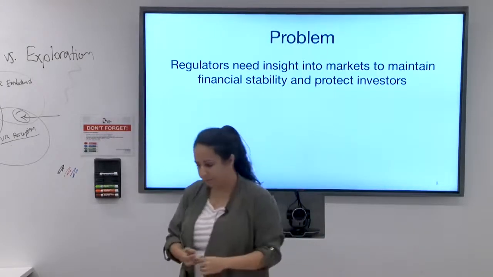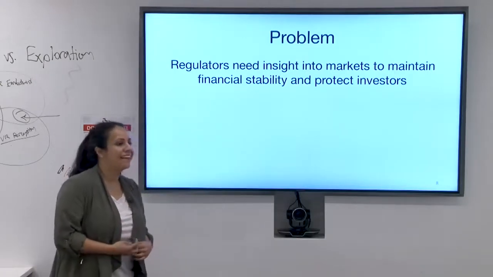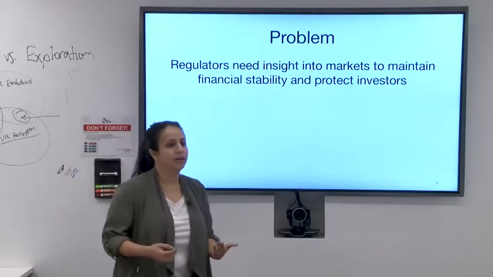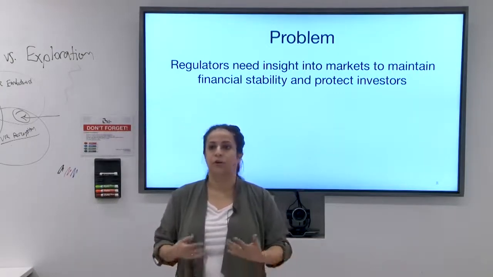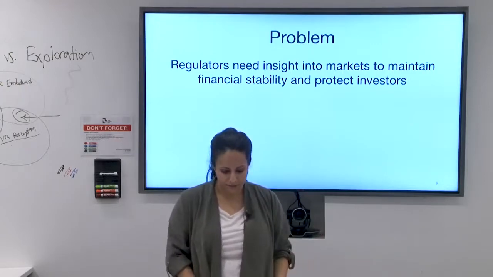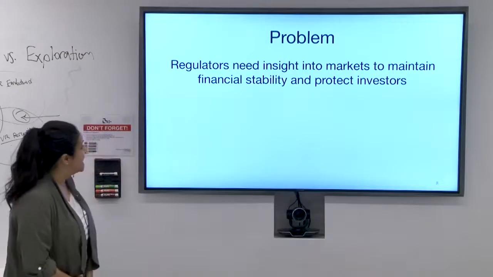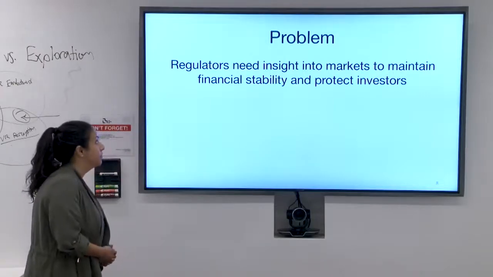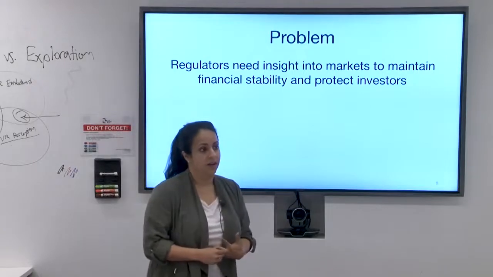However, there's still a problem here. Both of these systems hide everything. You get no insight into the economy, into the blockchain, into what's actually happening in the system. Regulators, in particular, need insight into markets in order to maintain financial stability and in order to protect investors.